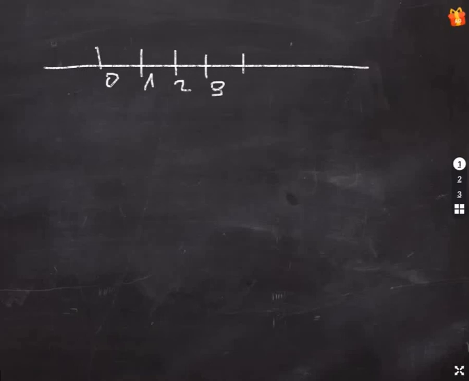So you have this line here, and you have 0, 1, 2, 3, 4, etc. So you can consider a set which is infinite, but it consists of finite elements, because 0 is finite, 1 is finite, 2 is finite, etc. But it is also possible to have a finite set consisting of infinite objects.